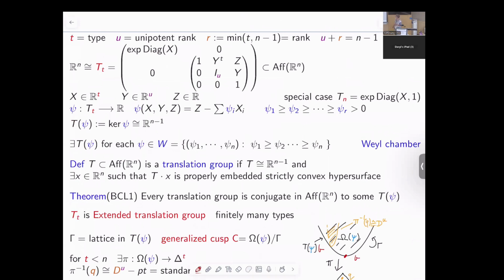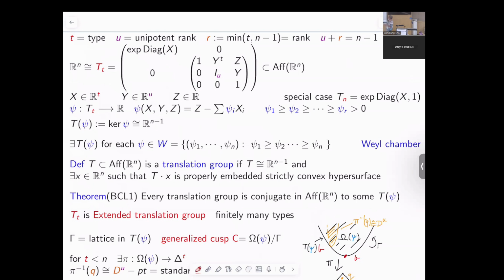So it's a kind of generalization of what I just said. We're going to think about generalized cusps in dimension n. So here is a finite collection of Lie groups. You fix a dimension n, and given the dimension n, you pick a type t. t is an integer between 0 and n. And depending on what t is, there's a Lie group, an affine group, which is isomorphic to R to the n.